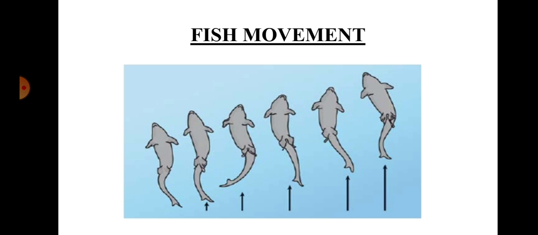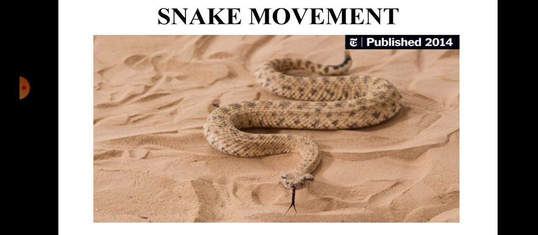Then we go to the snake. Similarly, the snake crawls on the ground by looping sideways. The movement is called slithering.